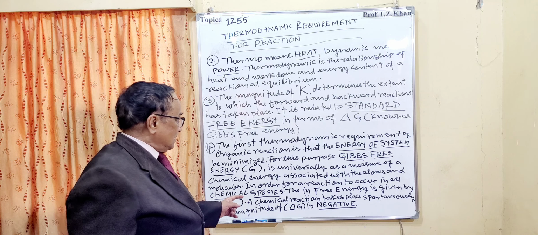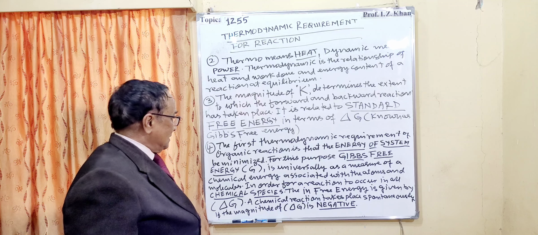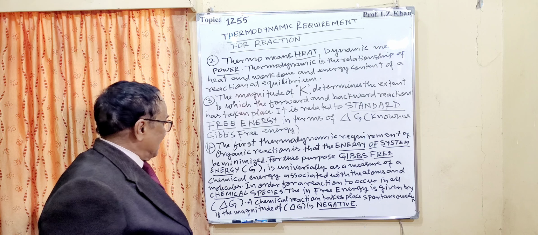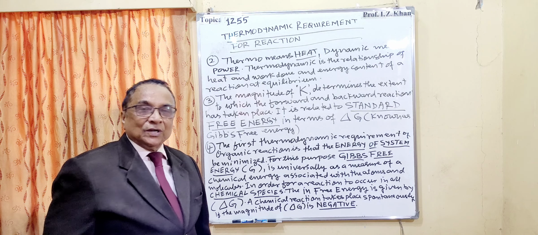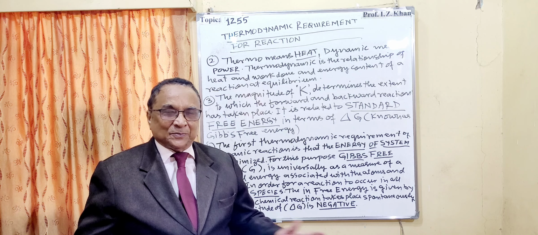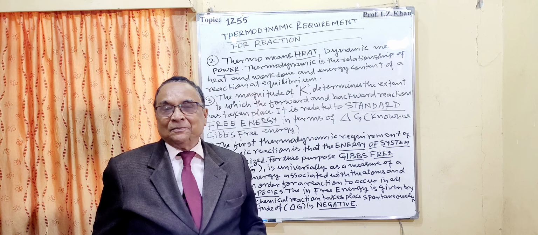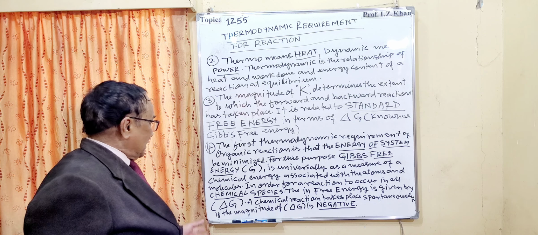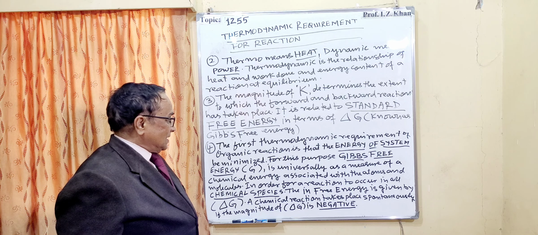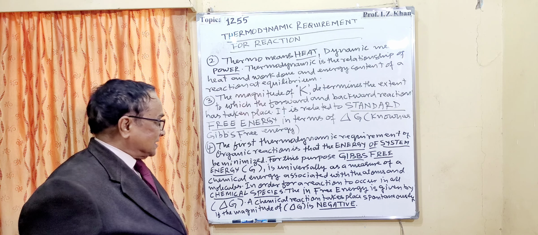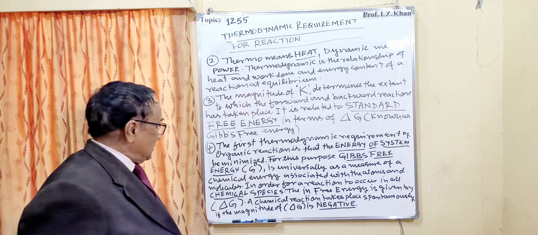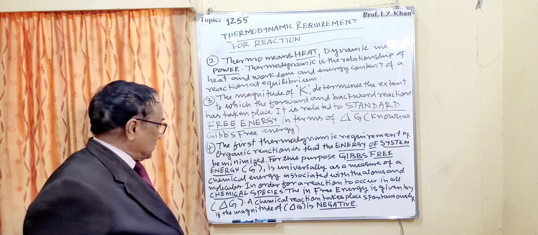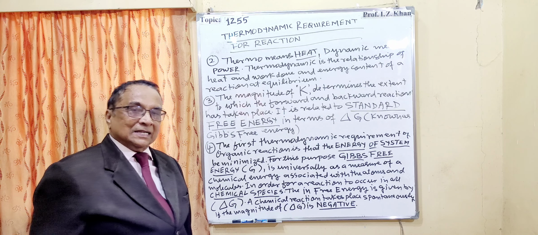In order for a reaction to occur in all chemical species, whatever species we are taking, like we have given the example of A, B, M, N, here all species have free energy, given by delta G, and a chemical reaction takes place spontaneously if the delta G is negative.